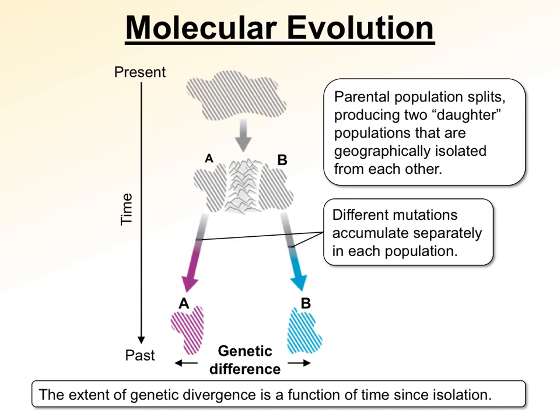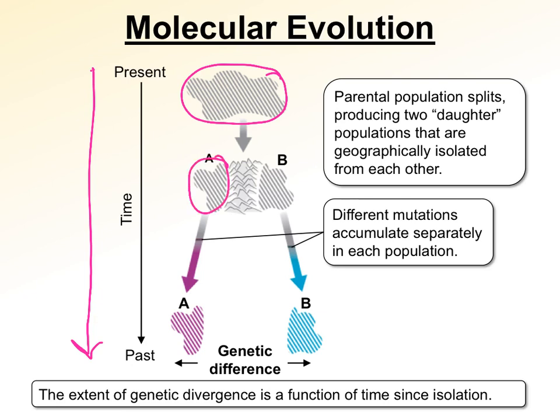And so when we think about evolution over time, this is a timeline, present toward past. You start with a population of organisms, and over time, let's say something separates these organisms. So now you have this new group A and this other group B. And in this example, they're being separated by this mountain range.